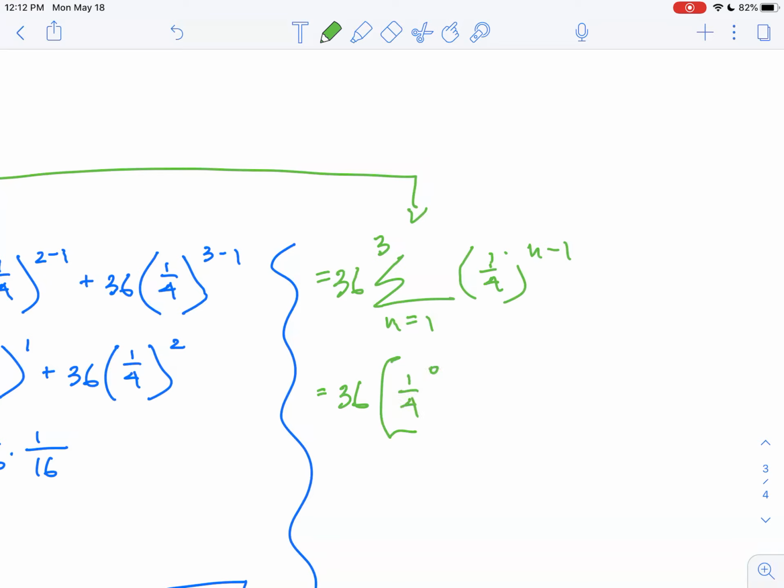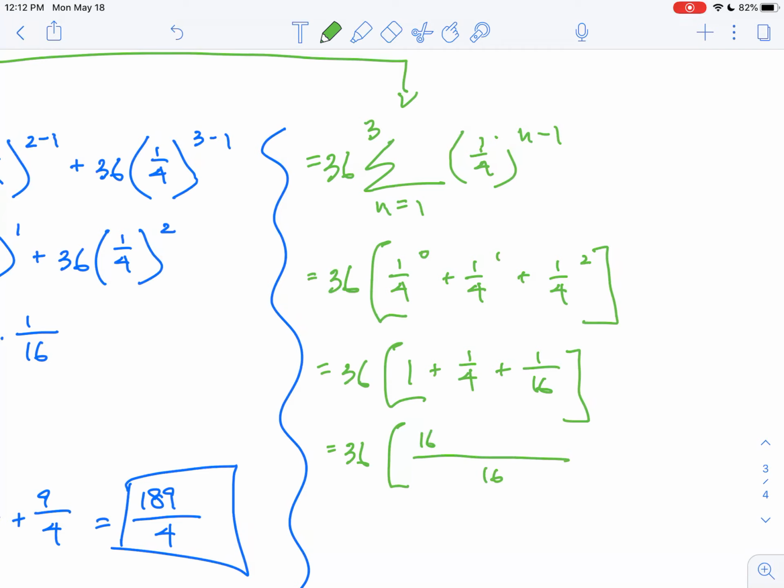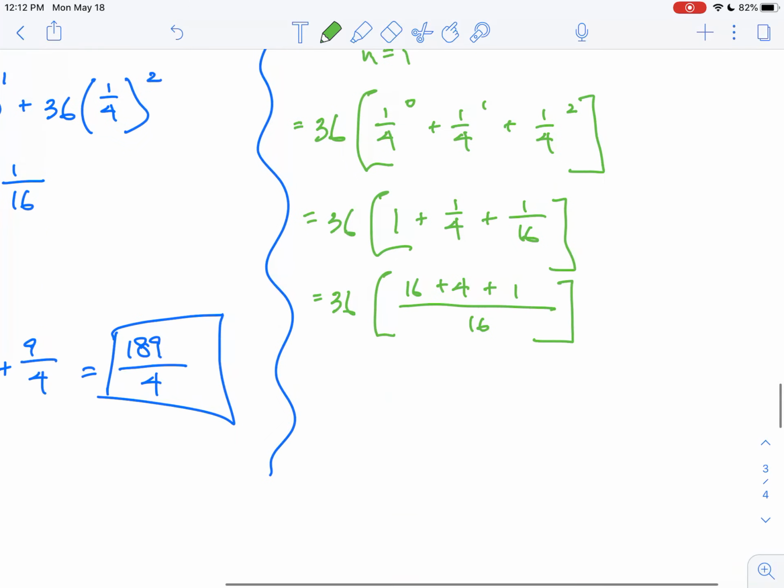So I get 1/4 to the 0 plus 1/4 to the 1 plus 1/4 squared, which gives me 36 times 1 plus 1/4 plus 1/16. And then I can go ahead and find a common denominator. So 16 plus 4 plus 1 equals 36 times 16 plus 4 is 20, plus 1 is 21 over 16.